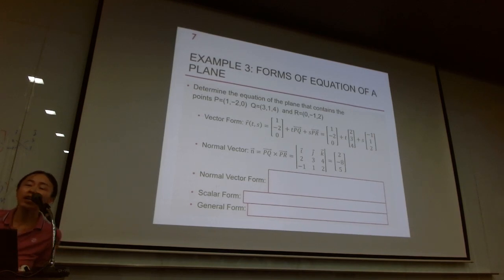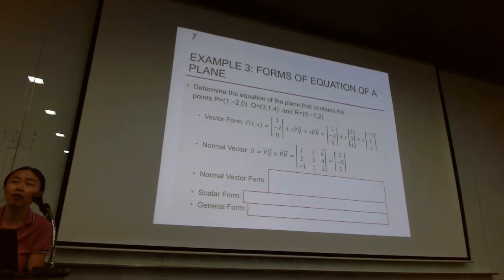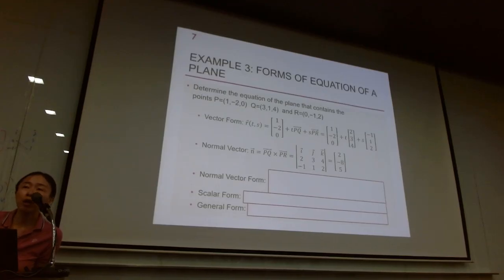Equal to the 0 vector means what? They are not linearly independent. So by geometry, they are parallel. They cannot cross. So a cross product equal to 0 means parallel.